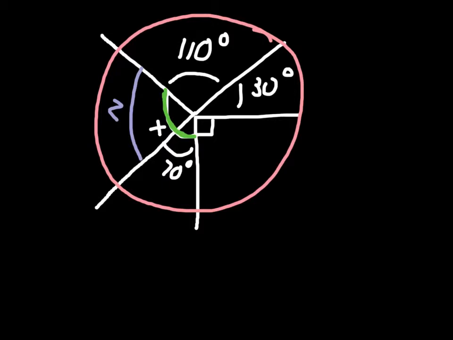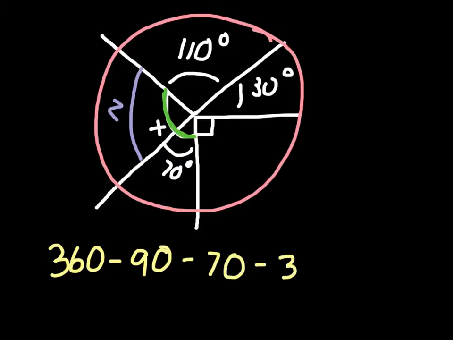Let's solve for z first. Let's use a different color. 360 minus 90 minus 70 minus 30 minus 110 will give us the value of z.